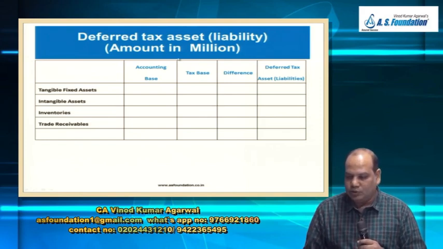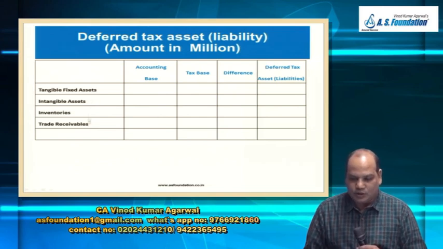Amount in million. Right hand side 4 columns: accounting base, tax base, difference, DTA in bracket DTL. So if the answer is negative, it means it is deferred tax liability.